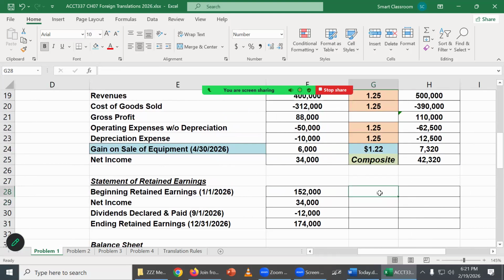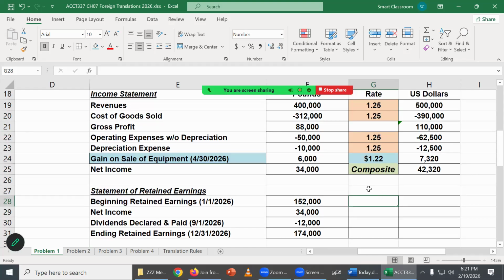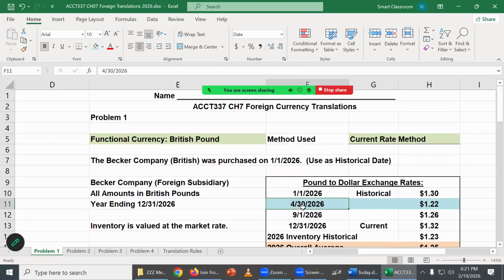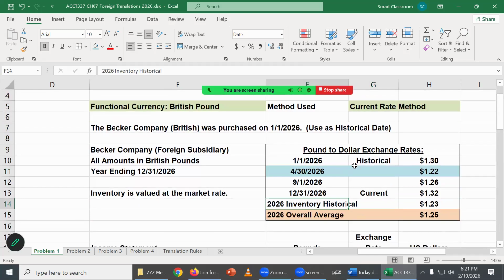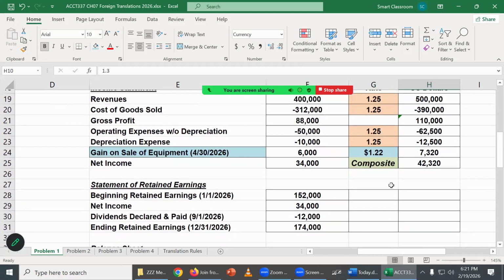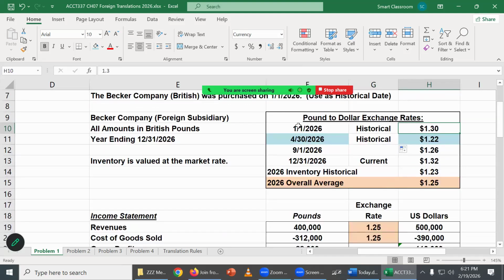You can have a bunch of historicals. Truthfully, this one is a historical cost. Whatever the inventory is going to be historical. This up here is historical. So you could have many different historical costs on there. And this one is a historical also. I'll put it in. But we're going back to the historical for the beginning of the year. So this is when we bought the company, this is what it was.